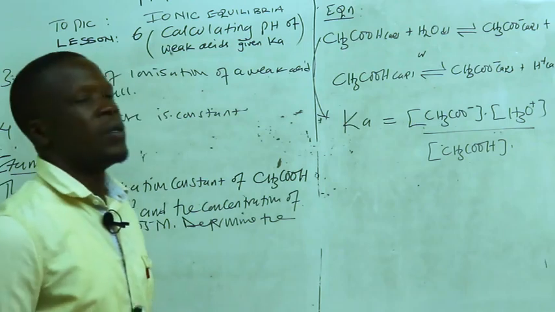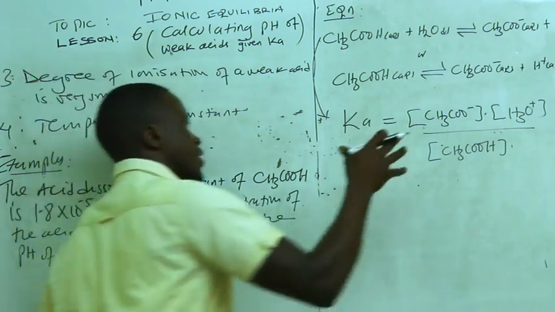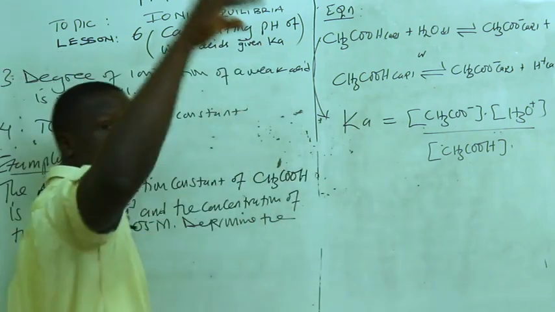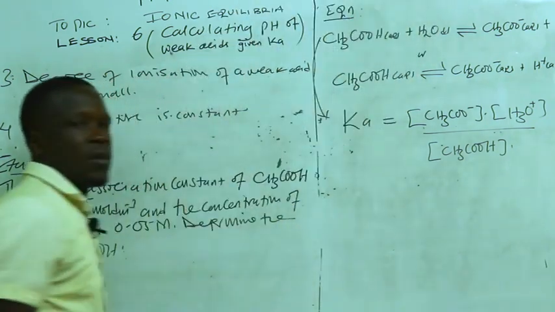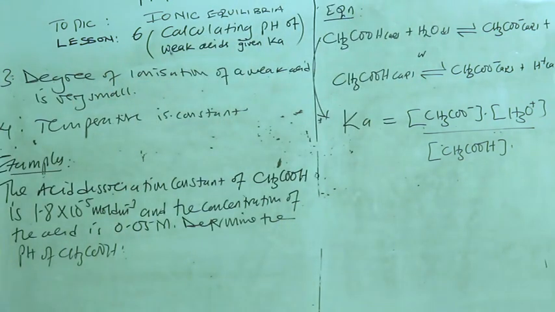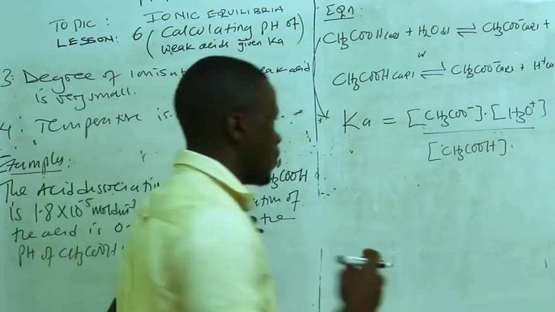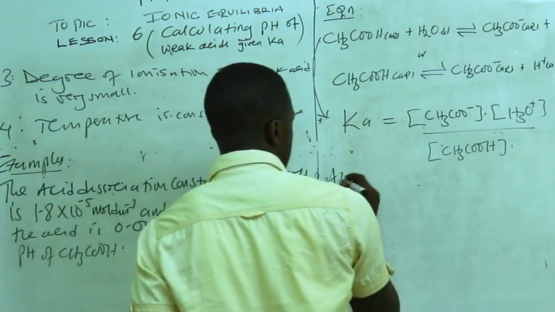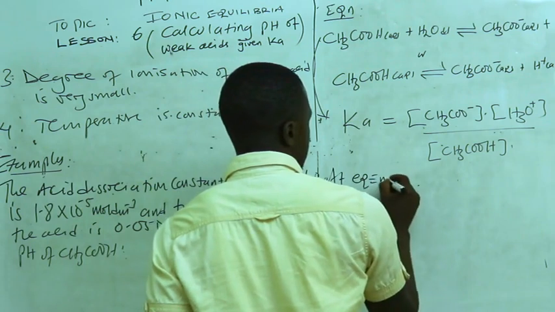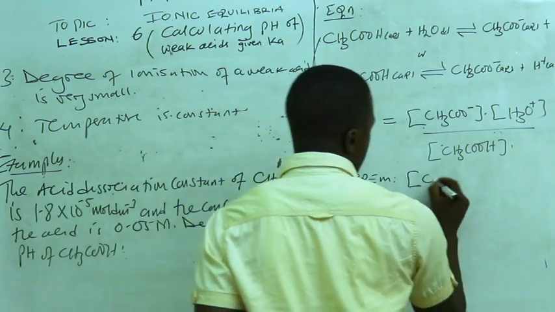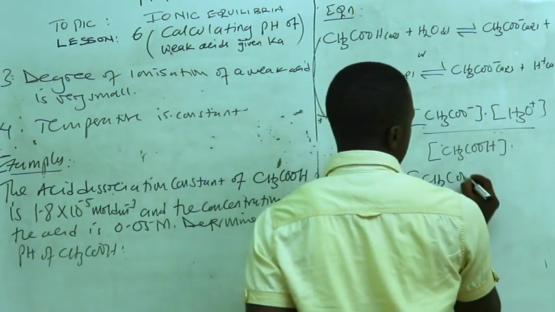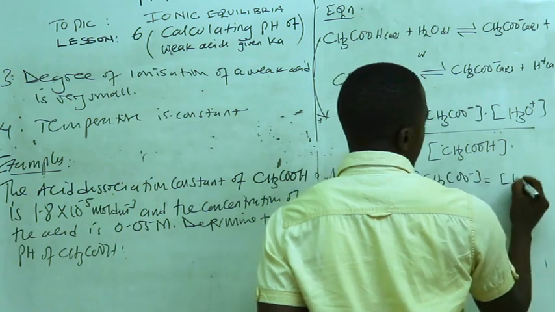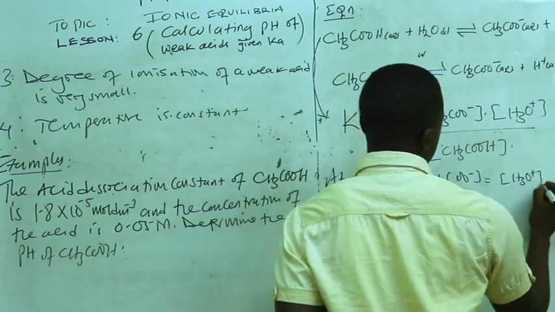Now, after writing this expression, we've used the first assumption, ignored the concentration of water. Now we go to the second assumption, that at equilibrium, the concentration of ethanoate ions is equal to the concentration of the hydroxonium ions.